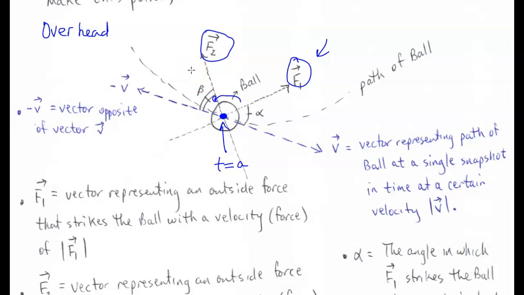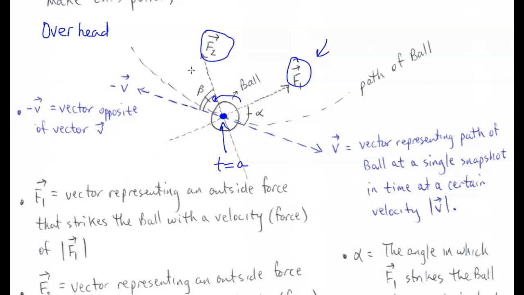Now, the main point I want to get at again is that whenever a force is acting on a ball, or a particle, at that moment of interaction, two things are simultaneously happening. One, there is a transfer of magnitude of the force that acted on the ball to this vector V, which describes the direction in which the ball was going at that instant.